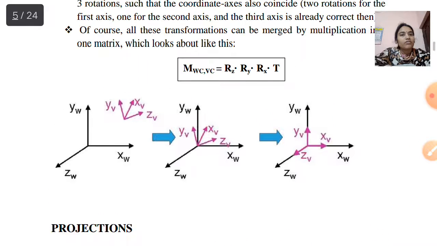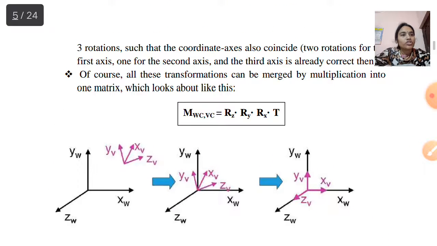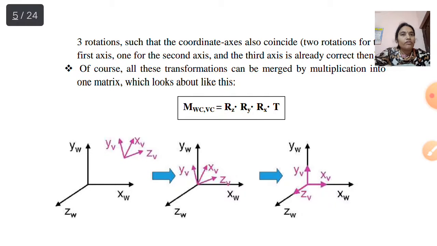Next one is projection. So we can give a little idea about what projection is. We will completely cover it in the next class, but today we have a little idea about projection. Projection is the process of converting a 3D object into 2D.